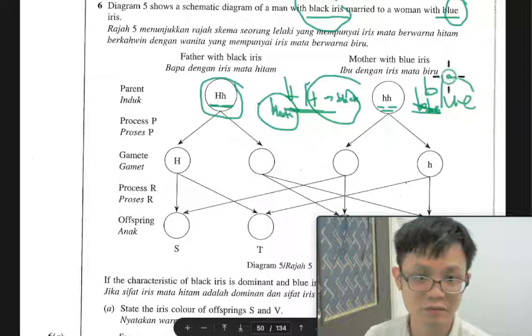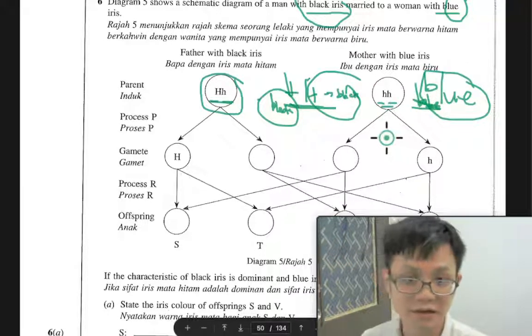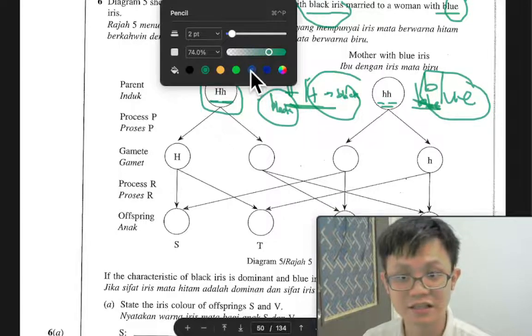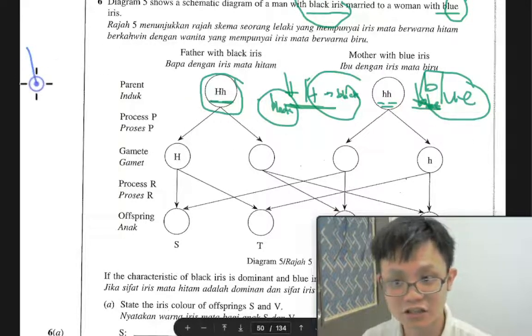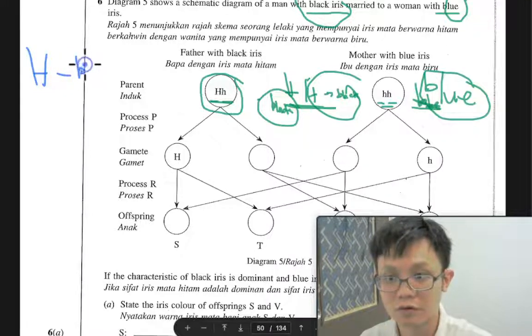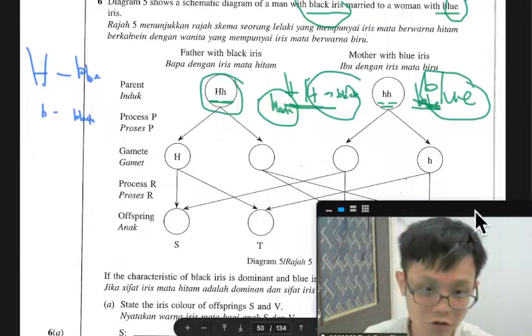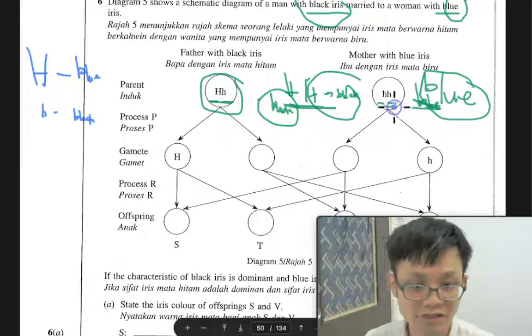In order to get blue, it depends on whether the gene is recessive or dominant. It can be that H is the blue, and it can be that the small h is the black. It can be, but you don't know until the question gives you.